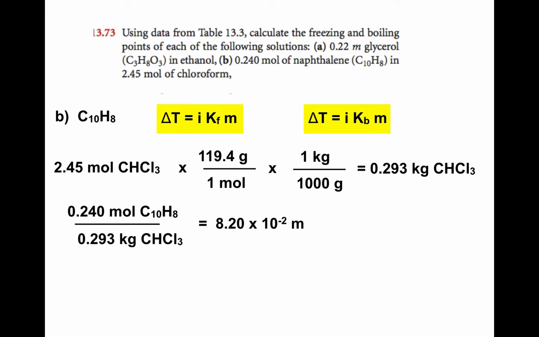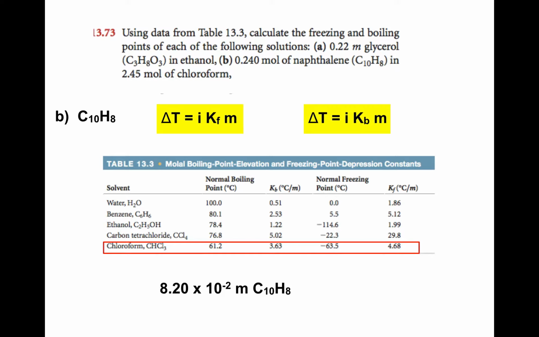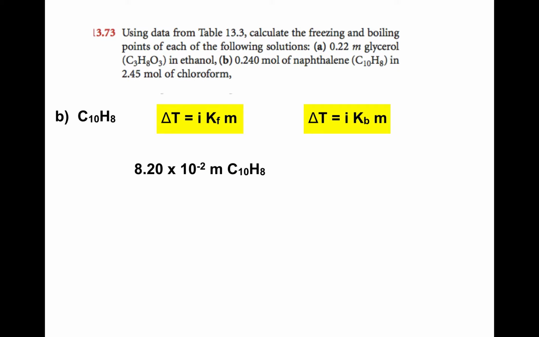Now that I have the molality of the solution, I can go back to that table and look up the normal boiling point for chloroform and its Kb value, its normal freezing point, and its Kf value. Again, naphthalene isn't an electrolyte. It's not going to break apart.